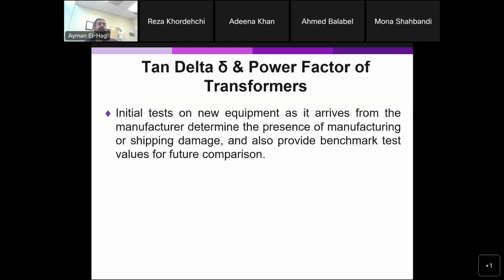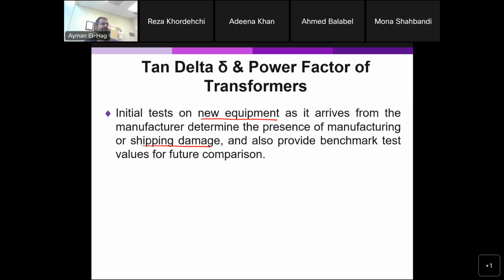Now, usually the tan delta or the dissipation factor is a test that you do when your equipment is new. Okay? And when the manufacturer ships the equipment to you, it's good to do it when you receive it, because if any damage happens, that will be easily detected.